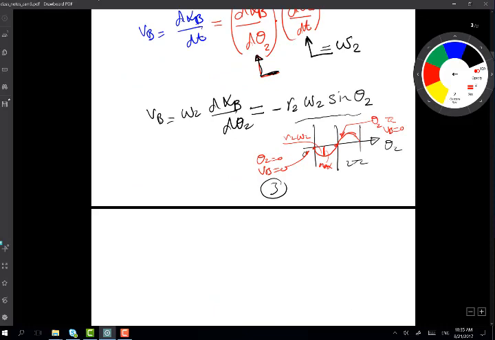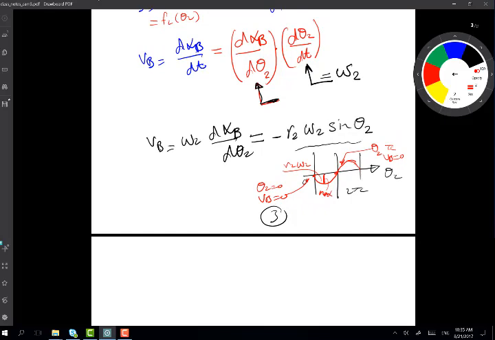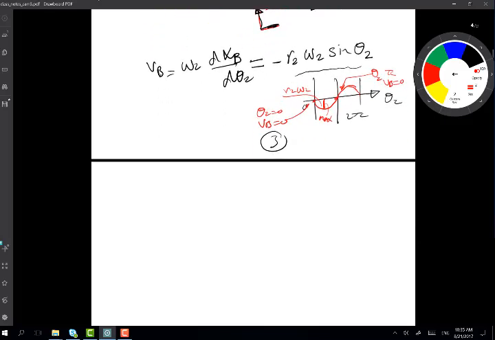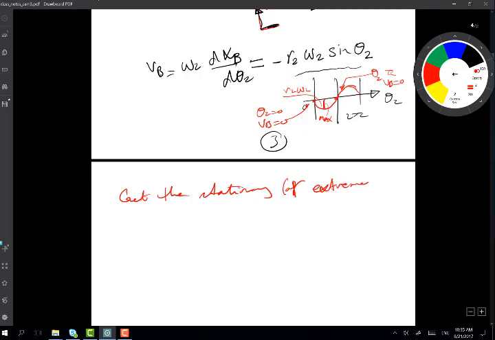This is how you get the extreme or stationary positions mathematically: by taking the velocity expression and equating it to 0 to find the stationary positions of link number 4, by VB equals 0.